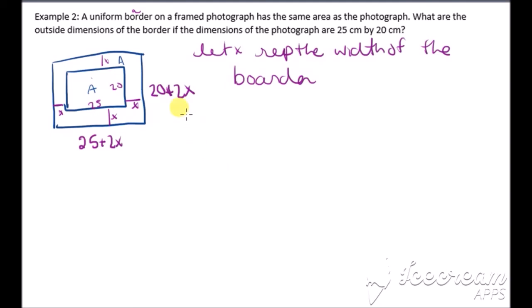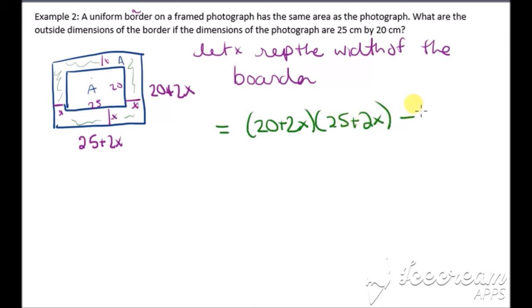So here's the thing. We have to find an expression for the area of just the border, not the mat. So this is going to be the area of the entire thing, which is 20 plus 2x times 25 plus 2x, and then subtract the area of the inside, which is 25 times 20.